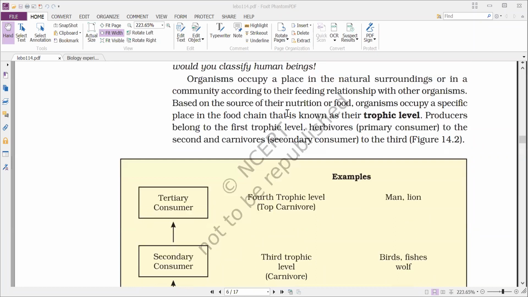Based on the source of their nutrition or food, organisms occupy a specific place in the food chain that is known as a trophic level.